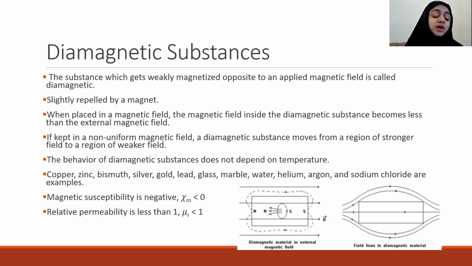Therefore, the relative permeability is less than 1 for diamagnetic substances. So, we have learned diamagnetic substances which are slightly repelled by a magnet and which are weakly magnetized opposite to the applied magnetic field. Now, let us see the properties of other kinds of materials.